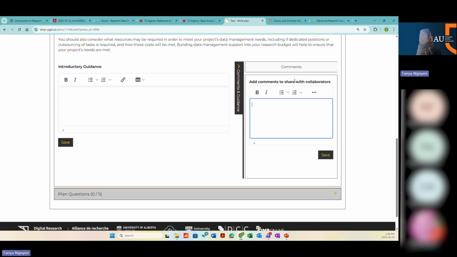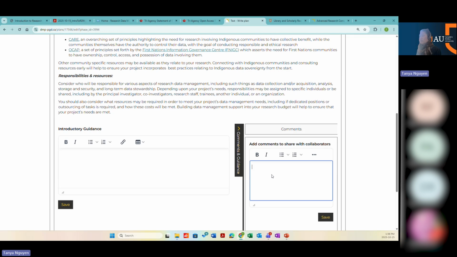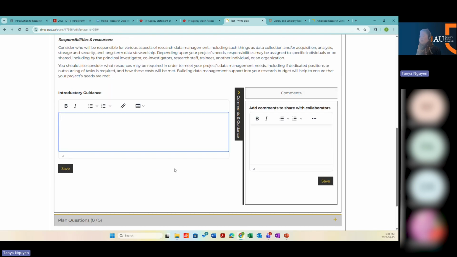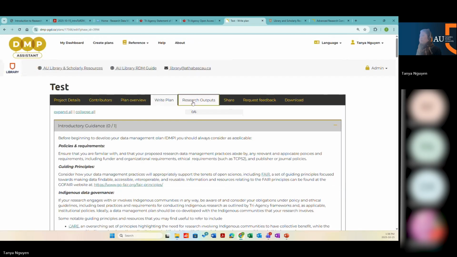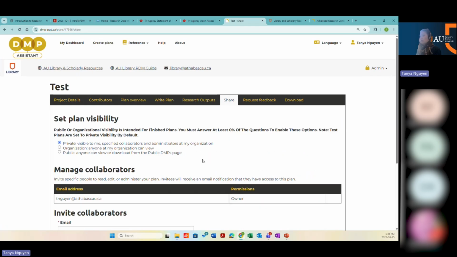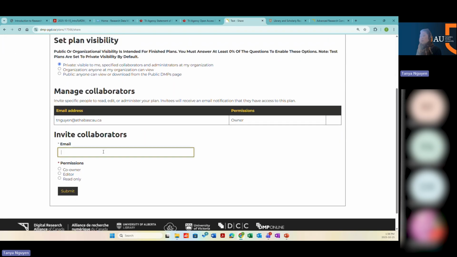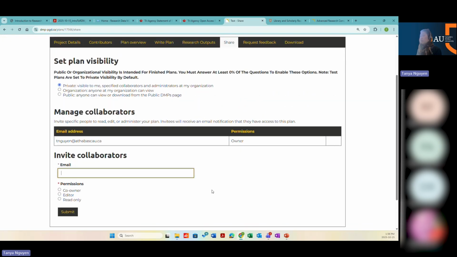And when you share this plan with other collaborators, they can add comments to each of your plan's boxes. So yeah, I'll show the sharing function here really quickly. So yeah, you can add an email and share it with another collaborator.